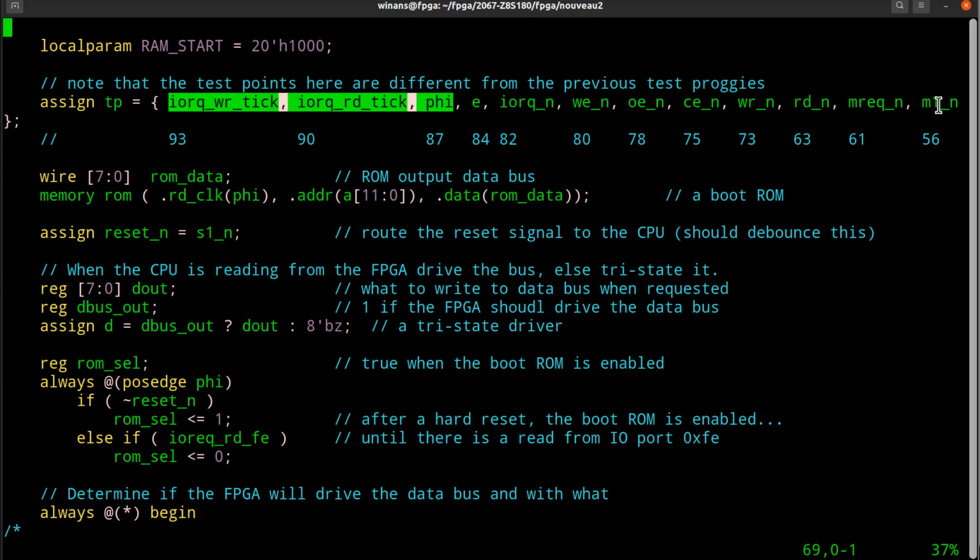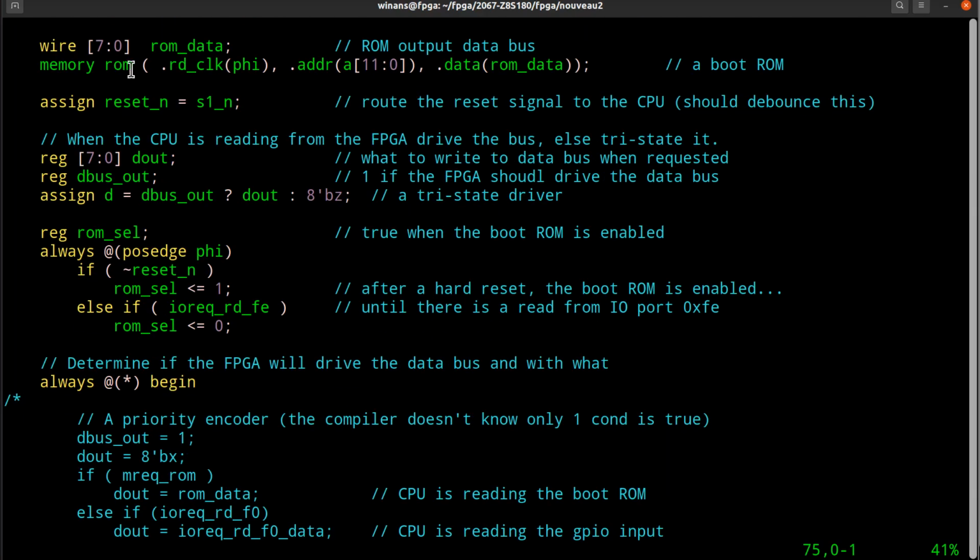And I also have a scope probe on M1 so that I can orient myself to figure out where each instruction begins and when it's running, so I can figure out where T1 and T2 and so on are on the oscilloscope. M1 goes true during the first T1 of the first bus transaction of each instruction that's executed. All right, so that'll be handy when we run this.